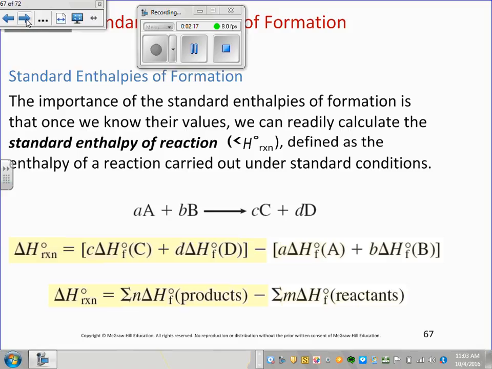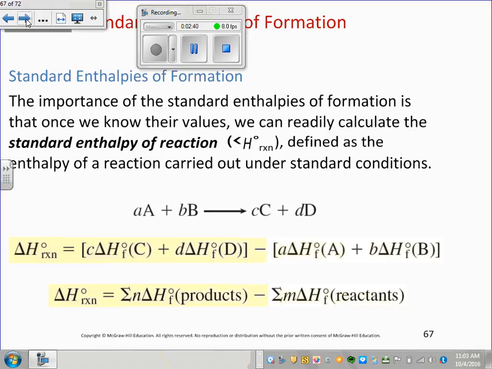Now the standard enthalpies of formation are given in kilojoules per mole. So there's a table in the back of your book, that's Appendix 2, which lists that for all the different elements. So if you're looking at this reaction, we're going to have the enthalpy of A, kilojoules per mole.